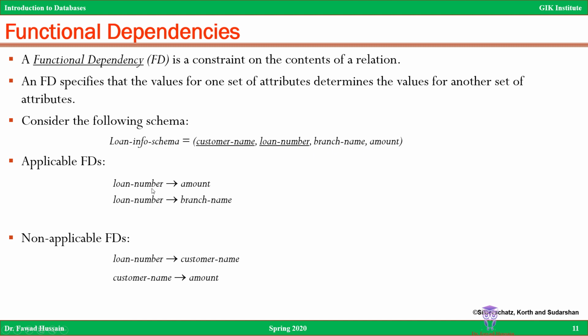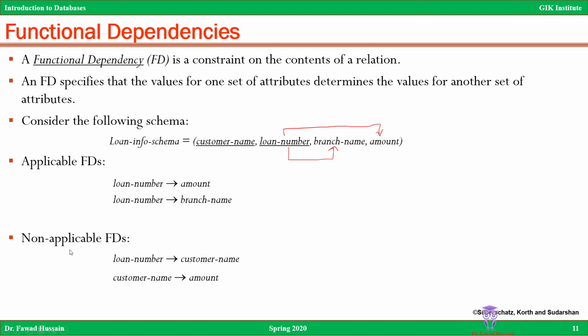If I know the loan number, I can determine the amount. So the amount entry here is dependent on the loan number. I can write it like this: loan number determines the amount. And then the loan number also determines the branch name. If I know the loan number, I can figure out from which branch this loan was given.